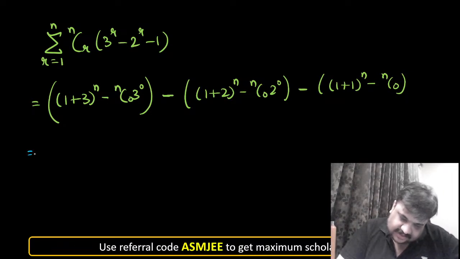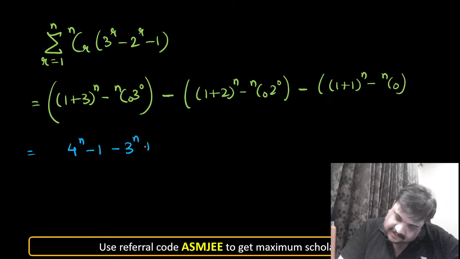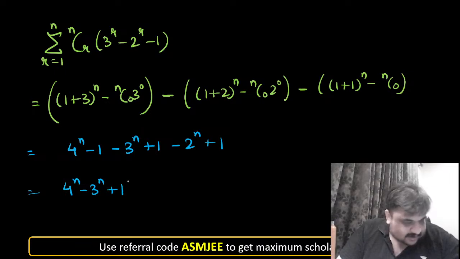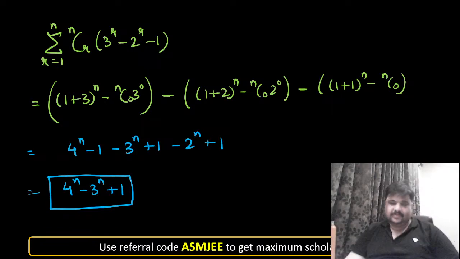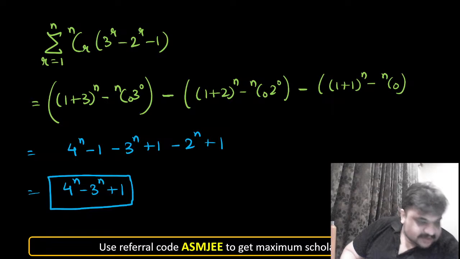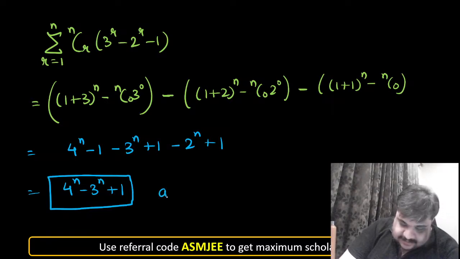What is the answer coming? 4 raised per N minus 1 minus 3 raised per N plus 1 minus 2 raised per N plus 1. So it is 4 raised per N minus 3 raised per N plus 1. Okay, I will not use red color, don't worry. Which is option A.